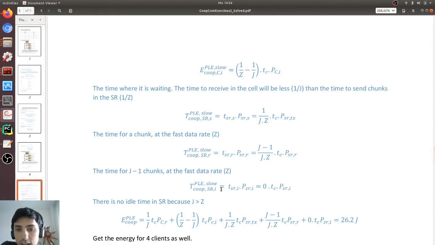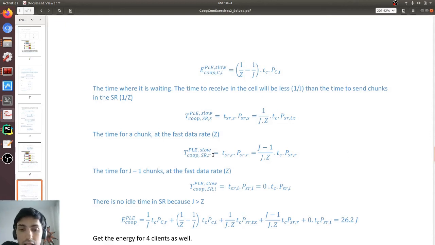And as I said, there is not any kind of idle, because the idle is in the cellular, so when the bottleneck is in the short range, you can see there is no idle time because the number of users is bigger than the ratio in the data rate between short range and cellular.